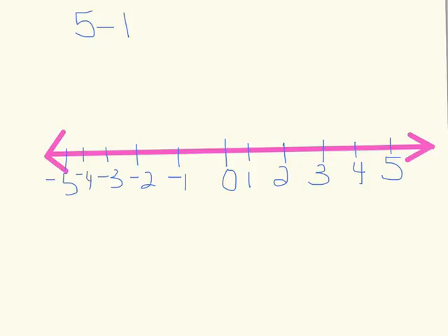If we start at 5, this is where we are starting, and we take away 1, our distance is 4. The distance between 5 and 1, that distance right there, is 4 units. You can count them out by going 1, 2, 3, 4 units.